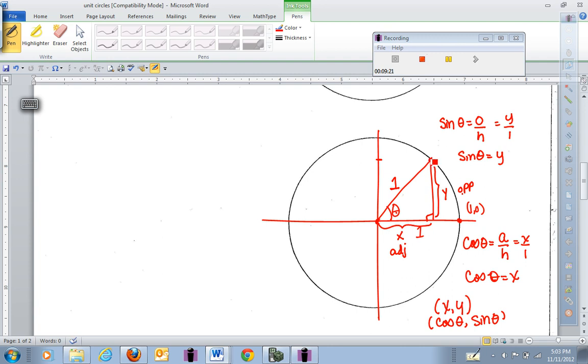So the coordinates of this point right here would be cosine theta, sine theta. That's what it would be. How far over am I? Well, I'm cosine over. How high up am I? I'm sine up. Okay? So cosine over and sine up. And that's based back on the right triangle from SOHCAHTOA.